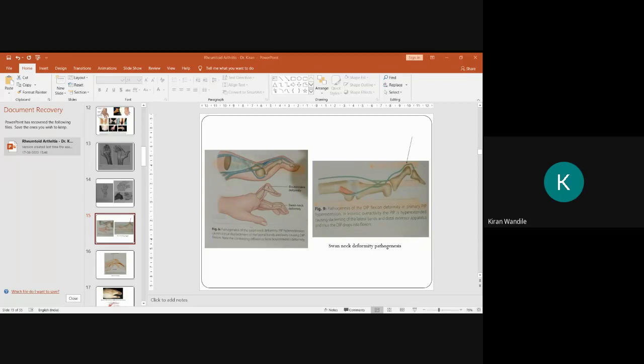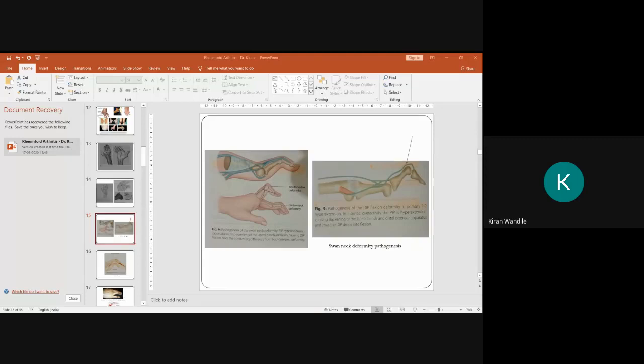Okay. So there is a primary involvement of the PIP joint. It goes into hyperextension due to tight intrinsic muscles along with damage of the volar plate, which is present on the volar aspect. The volar plate is a flexor component present on the volar aspect of the PIP joint, which gets damaged due to synovitis.